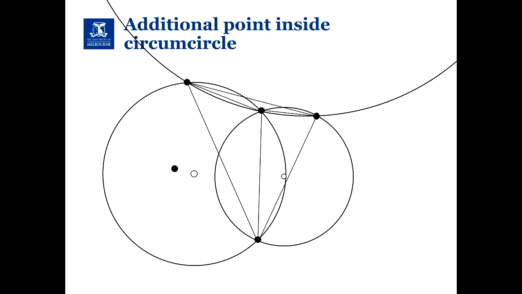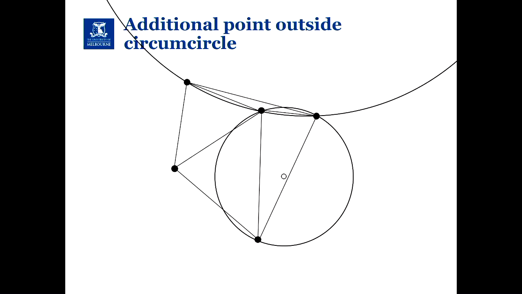So if I introduce this point, it's outside the triangle, but it's inside the circumcircle. So what do we do? Connect the points differently, and redo the circumcircles this way.